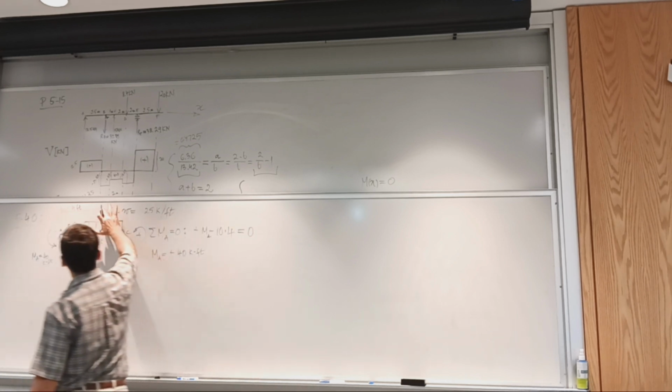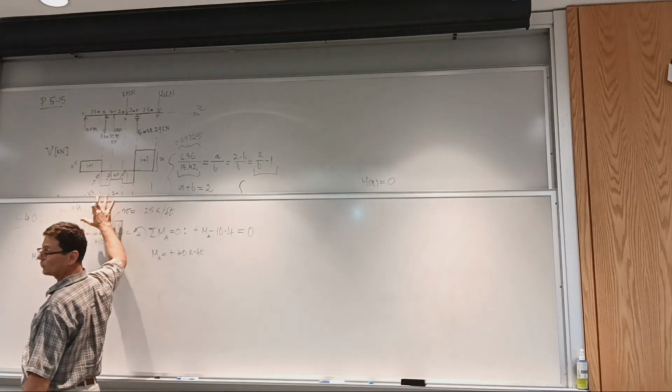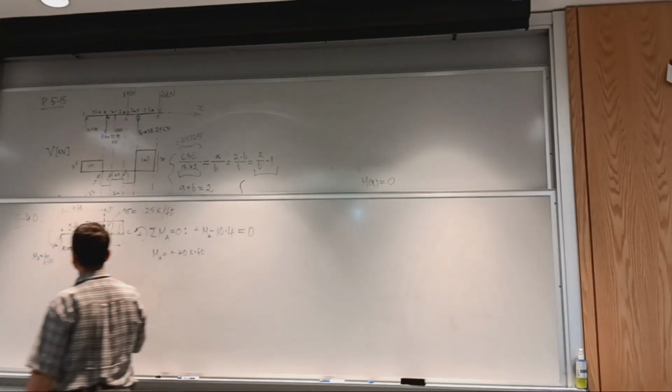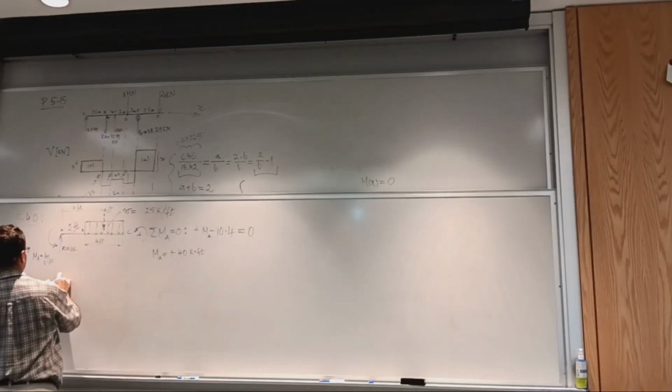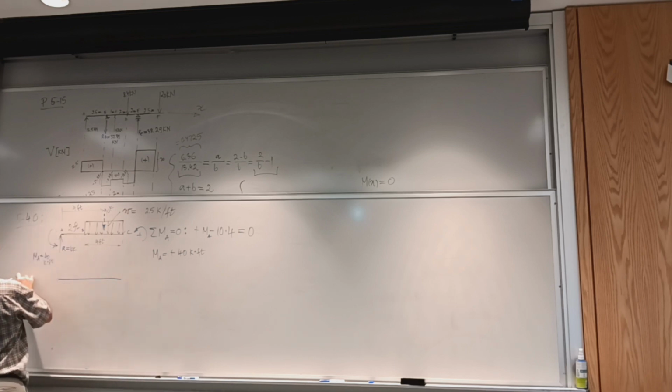Again, this was just for this analysis. This is no longer here for us. We switch back to the original problem. So let's draw the shear diagram now. I have the horizontal axis. The shear diagram is going to be in kips.